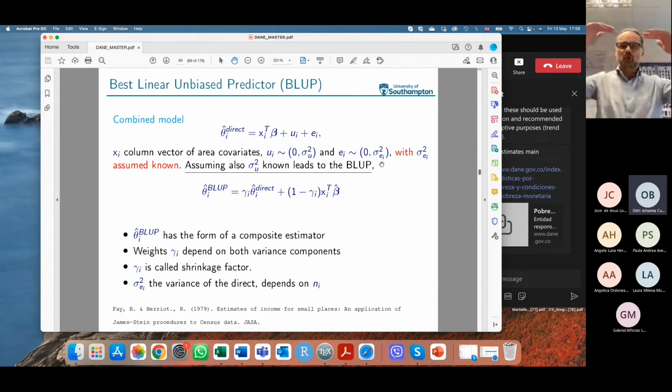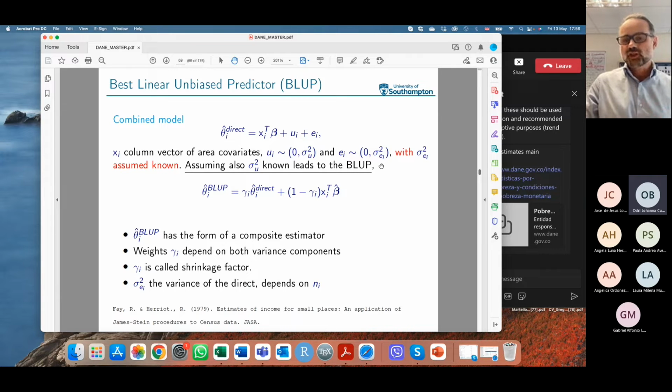Because you're trying to estimate a model at the area level, you only have one observation per area, and that's important to understand. So you have one direct estimate for each of the areas, and then a set of covariates that are also at the area level. You don't have unit level data, and that means that you cannot really estimate both sigma squared u and sigma squared e_i here.